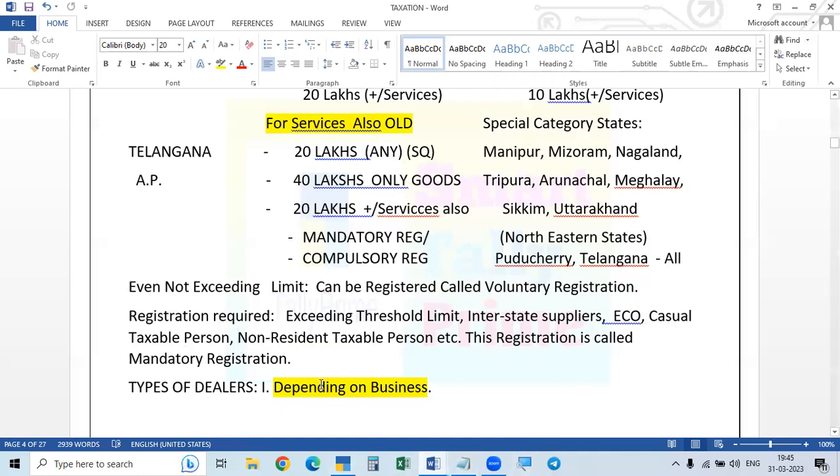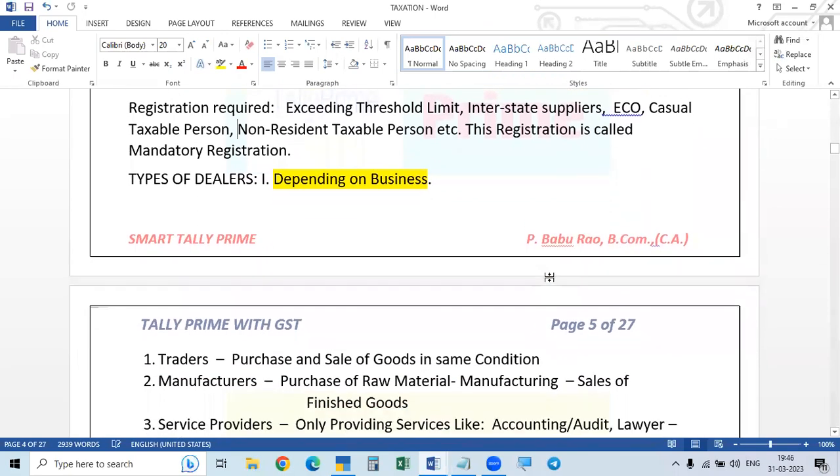This registration is also called mandatory registration. So, exceeding the threshold limit, or even if it does not exceed the threshold limit in these cases, they have to get the registration. In other cases, if the threshold limit is not crossed, you can voluntarily take registration if you want.